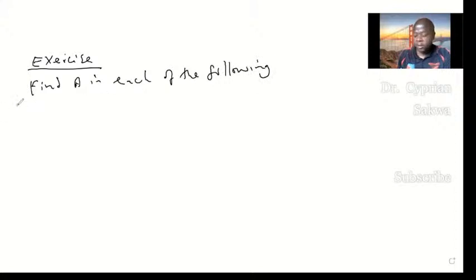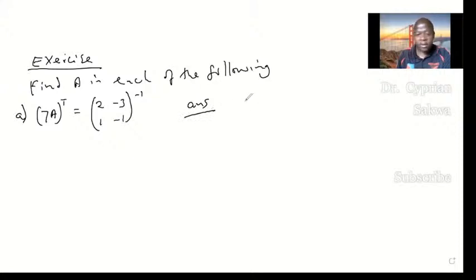I'll give you the answer so that you do yours and compare your answer with mine. I have 7A transpose is equal to the inverse of 2, negative 3, 1, negative 1. So find A there.